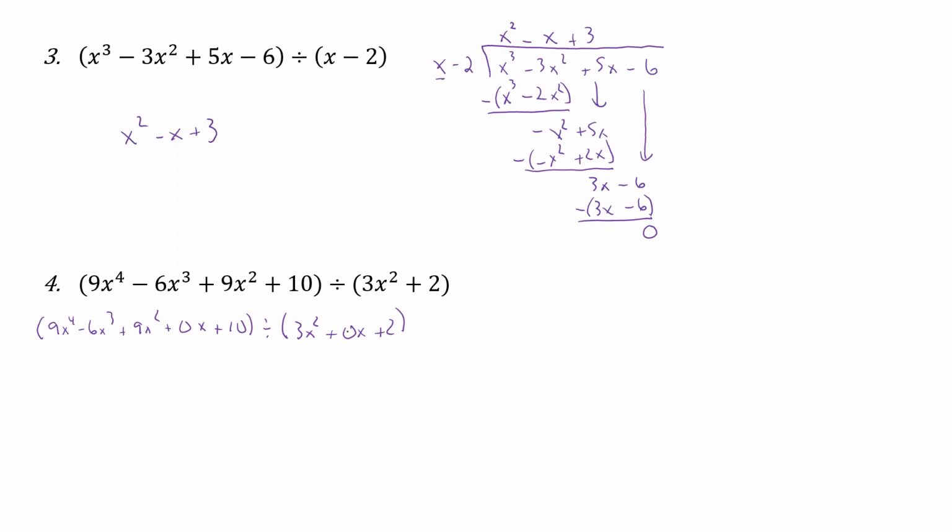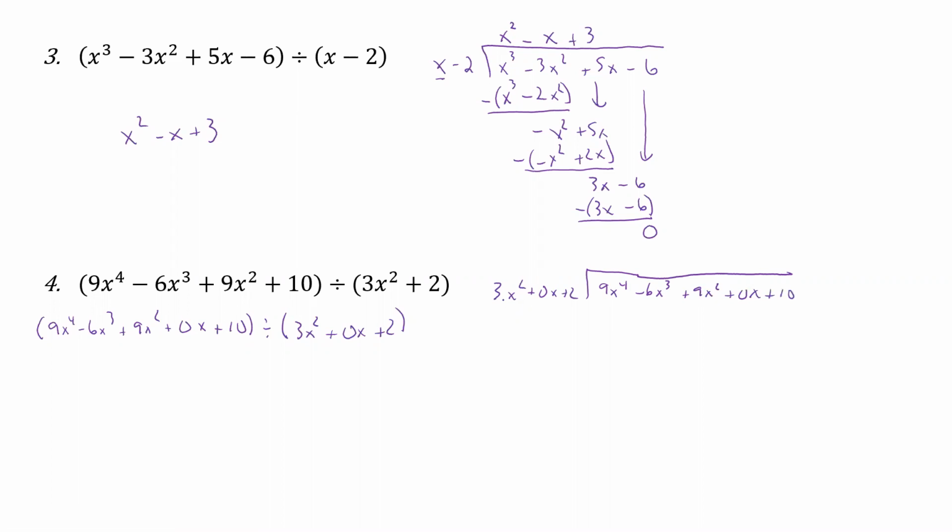And now what we can do is divide the bigger one by the smaller one. So we put our divisor out front, so that's 3x squared plus 0x plus 2 into, and now we have 9x to the fourth minus 6x to the third plus 9x squared plus 0x and then plus 10.